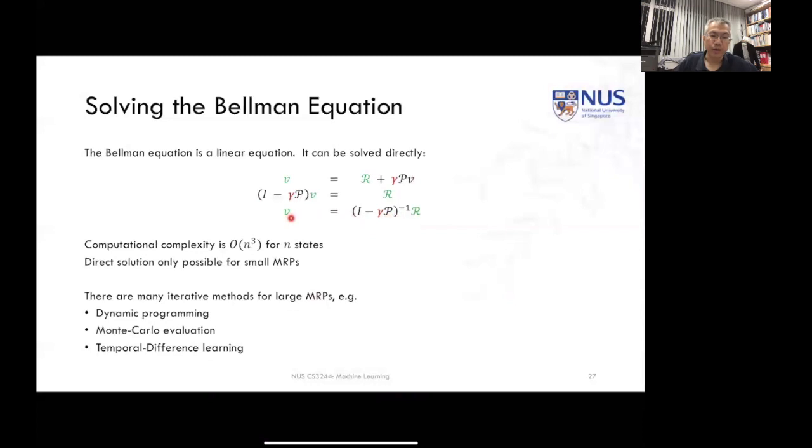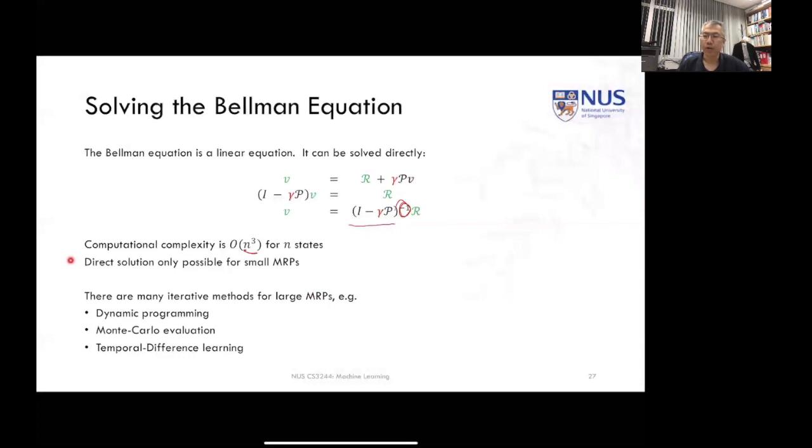Now, of course, this is going to be bottlenecked by this particular operation here, our matrix inversion, which is going to take cubic complexity. And that means, like many things in the case where we have to do inversion or anything cubic, it's really only going to be possible for small Markov reward processes.